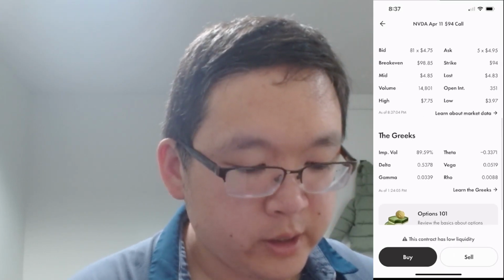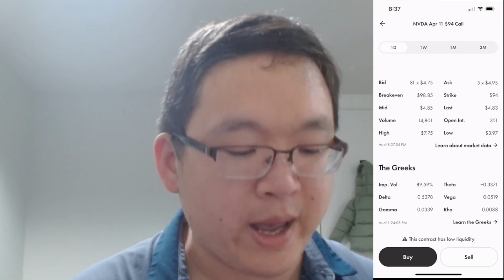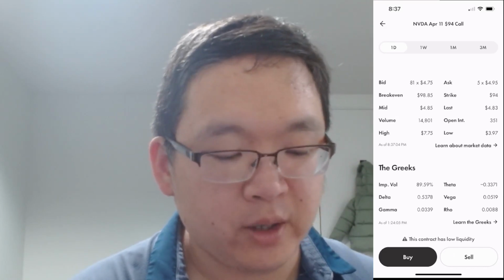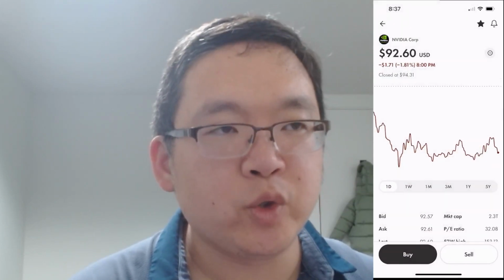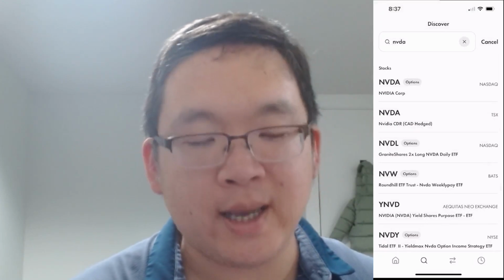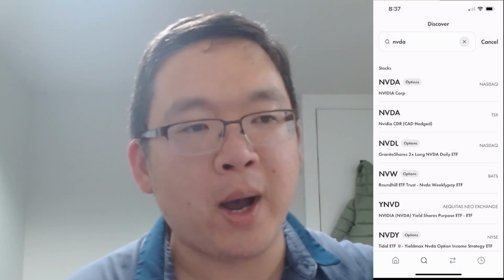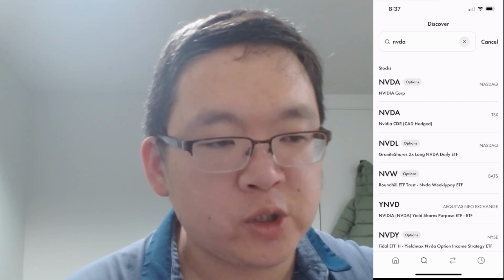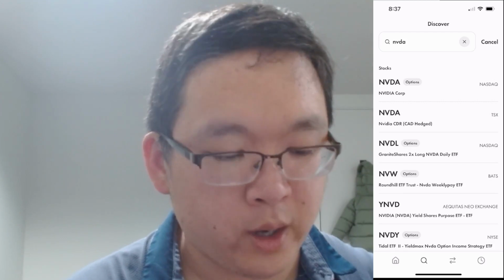Yeah, so the spread is from the bid, which is $4.75, to the ask, $4.95, about 20 cents. This is actually quite large, but usually when the market is open, the spread is usually like 1 cent between the two. And you usually want spreads to be less, because a low spread means that when you're trying to sell the option, you'll get the price that you want.